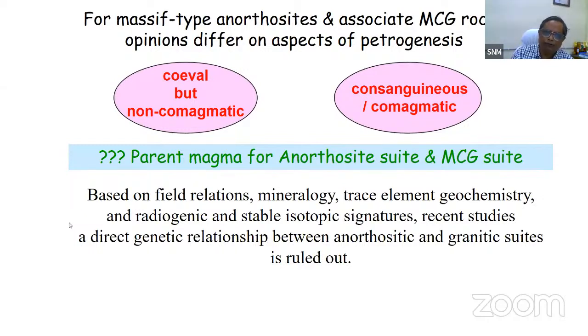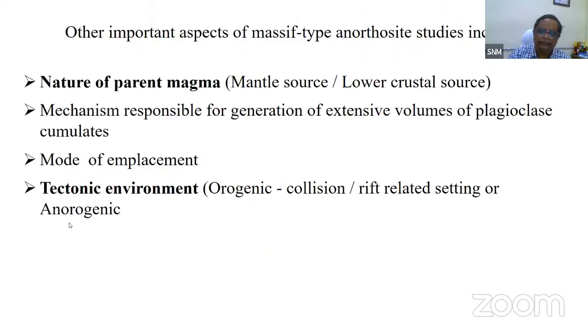They are not co-magmatic, but they are coeval in nature. That we will be discussing. And the other things: what kind of parent magma they formed from, what is the mode of emplacement, what is the tectonic environment of their formation, like this.